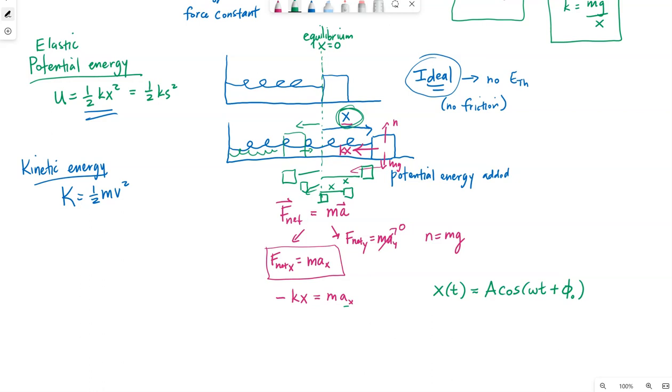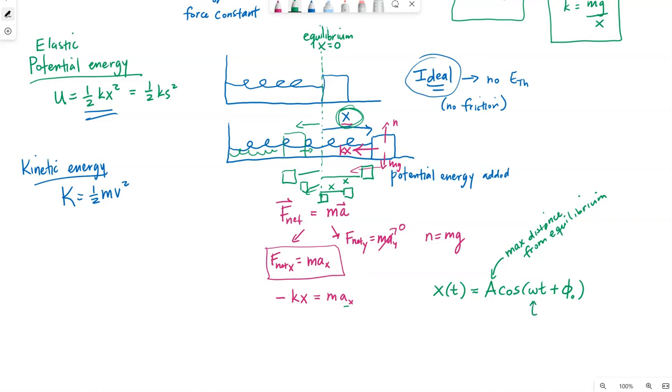However far I pull it to the right is the amplitude. So this is the maximum distance to the right or left from equilibrium. And I essentially choose that by pulling the mass or compressing the mass, the distance I choose.